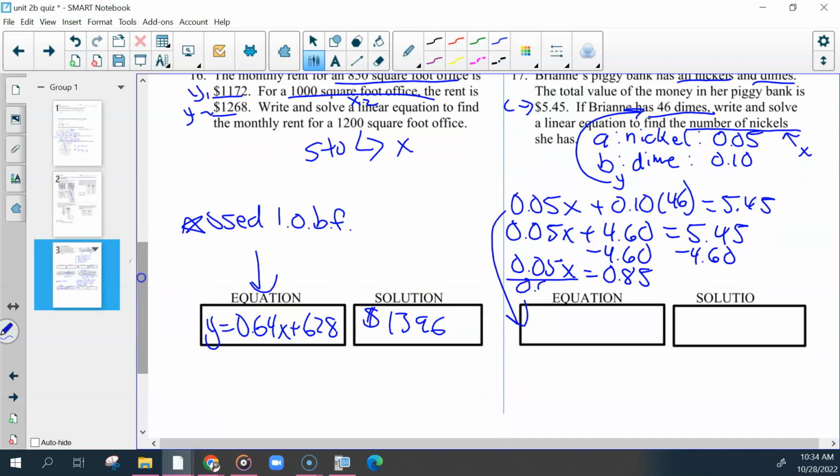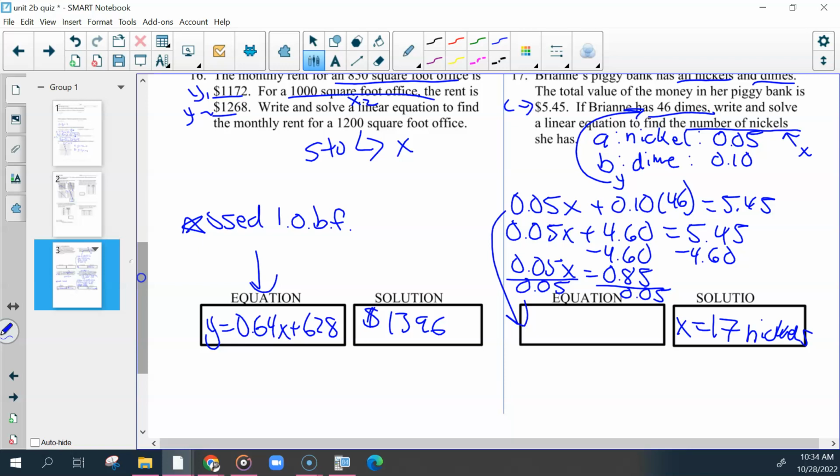After you divide, you should get a whole number, since we're looking for number of nickels. Make sure your answer makes sense. If you get decimals and it's asking for number of nickels, that's not something that would make sense, so double check your work.